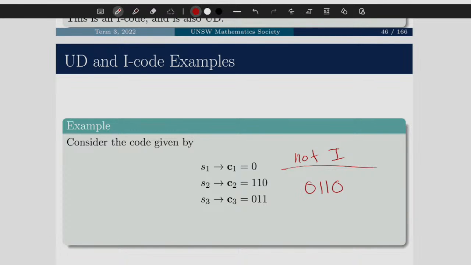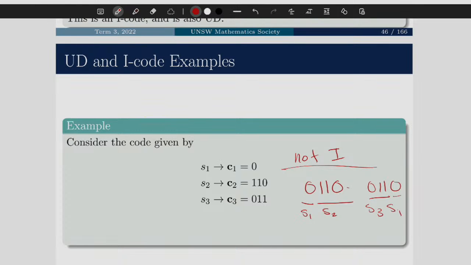You can easily see that 0110 can be interpreted as 0 and 110, which is S1 and then S2. Alternatively, 0110 can be interpreted as 011 and then 0, which is S3 and S1.